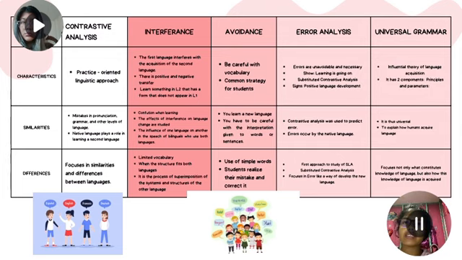Well, some characteristics that we have about contrastive analysis is that it focuses on the comparison of two or more languages with the aim of describing their similarities and differences. Now, some characteristics that we have in error analysis are that it considers that errors are unavoidable and necessary.